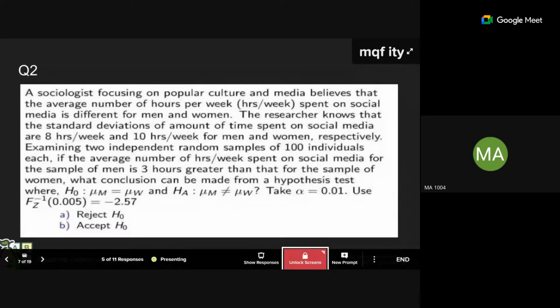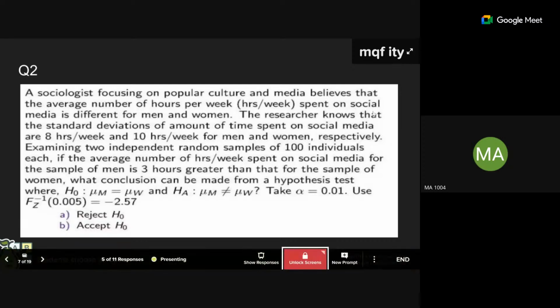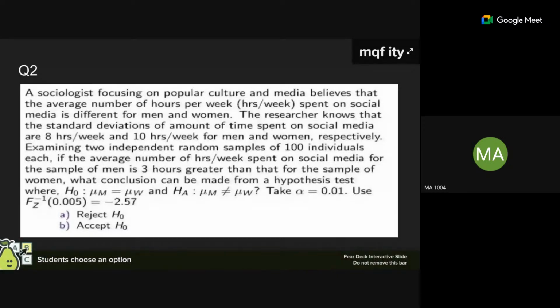It's given that a sociologist focusing on popular culture and media believes that the average number of hours per week spent on social media is different for men and women. So we are checking the number of hours per week spent on social media for men and women.